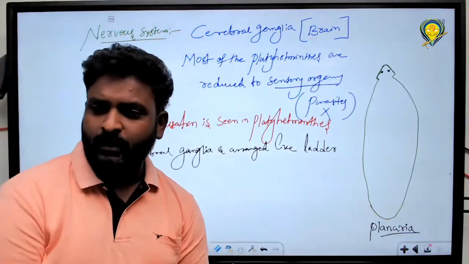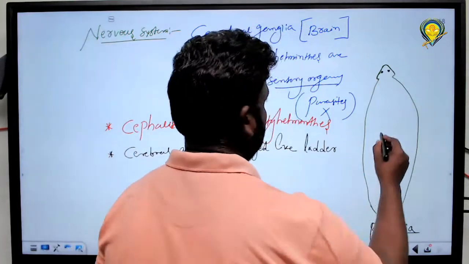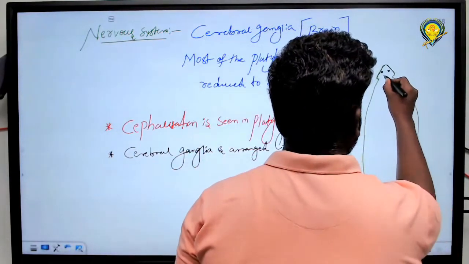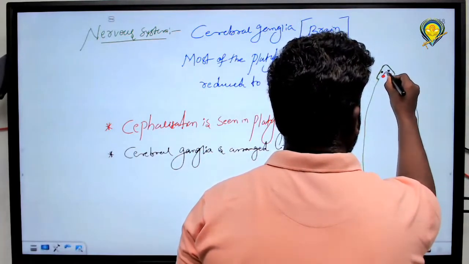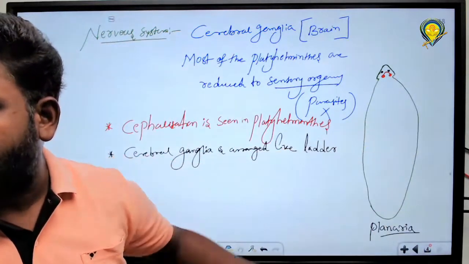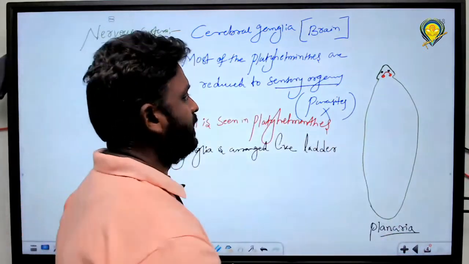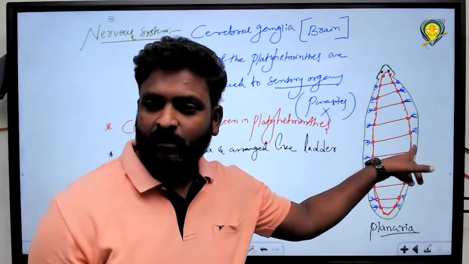Planaria. Okay? This is the cerebral ganglia. Cerebral ganglia means brain, right? How does it look? Ladder-like or not?